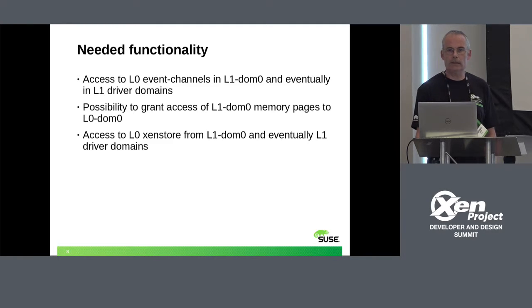And of course, I need some kind of level 0 Xenstore in level 1 Dom0 to be able to connect my front-end drivers to the backend at level 0. Which, by the way, in XenBlanket, I think there has to be some way of accessing Xenstore of level 0, because otherwise the level 1 front-end driver in Dom0 would have no way to know or to communicate to level 0 how to connect to it.